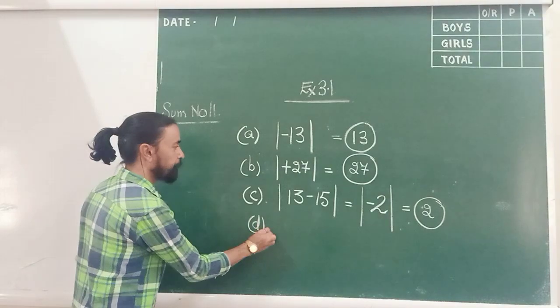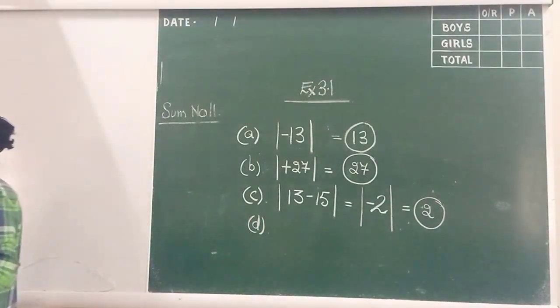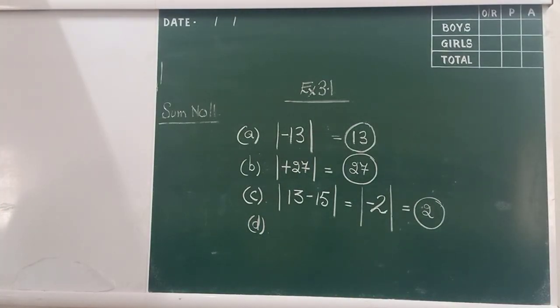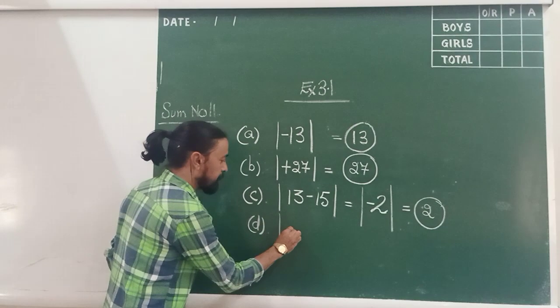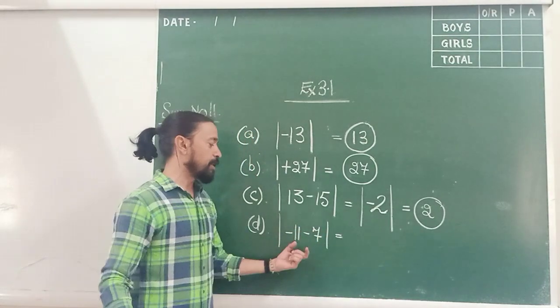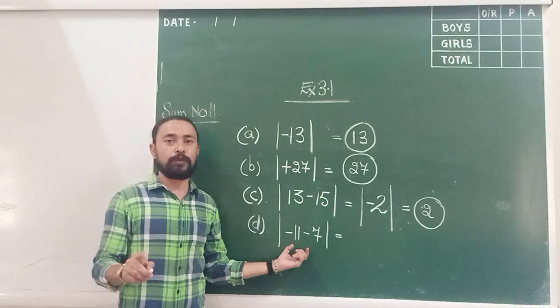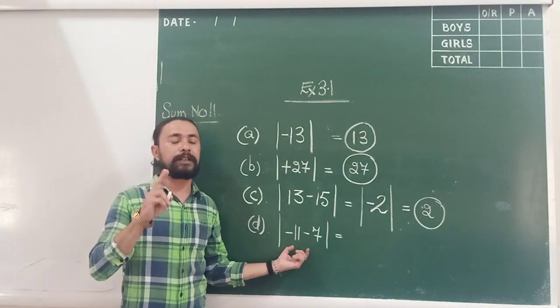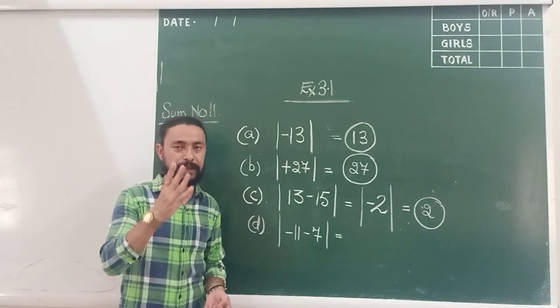D. Absolute value of minus 11 minus 7. Minus 11 minus 7. Now again, first I have to solve this. I told you there are going to be only 4 cases.